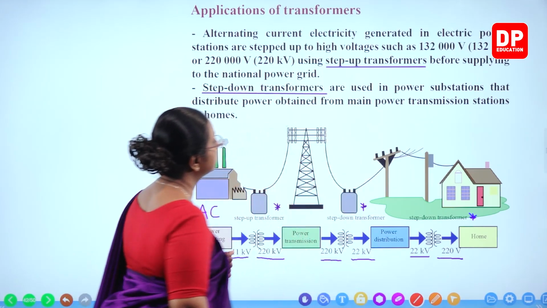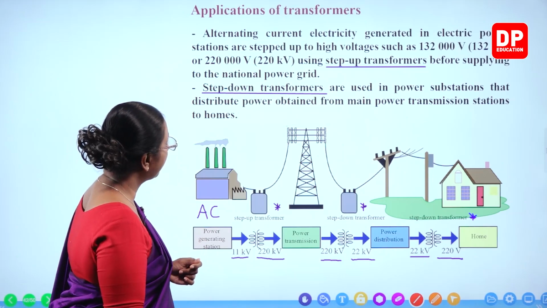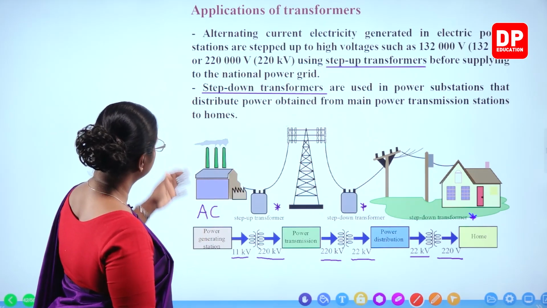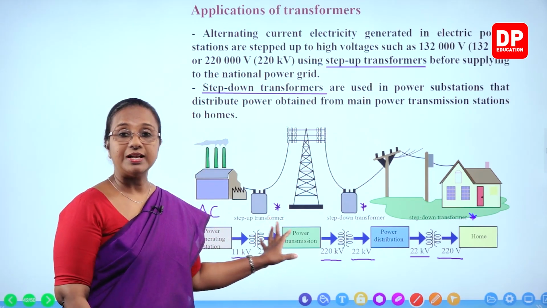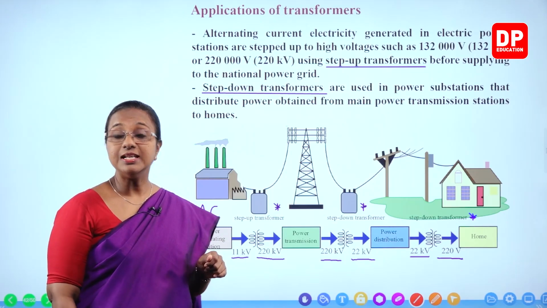Step-down transformers are used in power substations that distribute power obtained from the main power transmission stations to homes. So, what we discussed now. With that, students, I'll move on to the next slide.